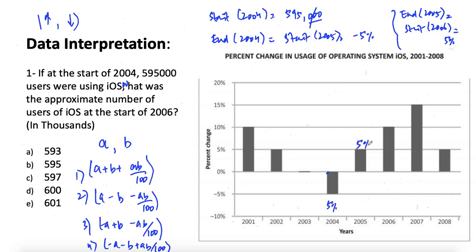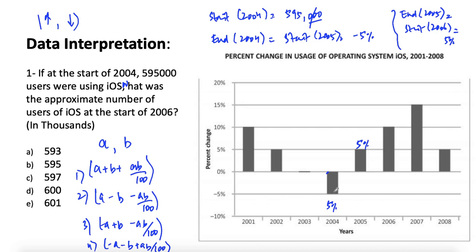Just like in this scenario, there is a first percentage decrease of 5% and then a percentage increase of 5%. Remember one thing: if there is a consecutive percentage decrease and increase of the same value, the value will not remain the same, because the base value of which you are taking the percentage actually changes.